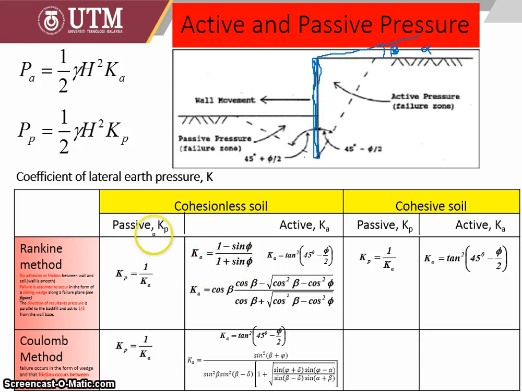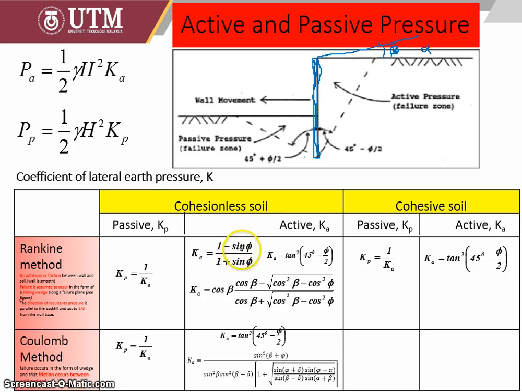In the Rankine method and Coulomb method, they define the Ka in their own way, but mostly similar to each other, except for the condition with the beta angle, the slope with inclination. But if there is flat soil behind or in front of the retaining wall or sheet pile, they use a similar Ka.